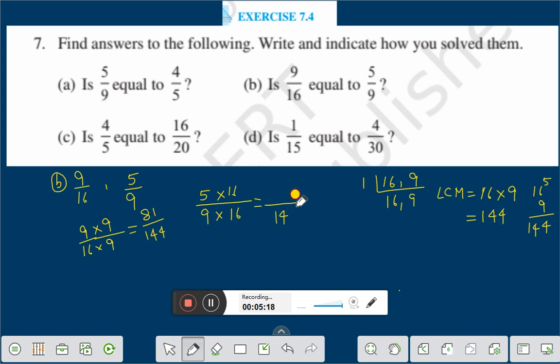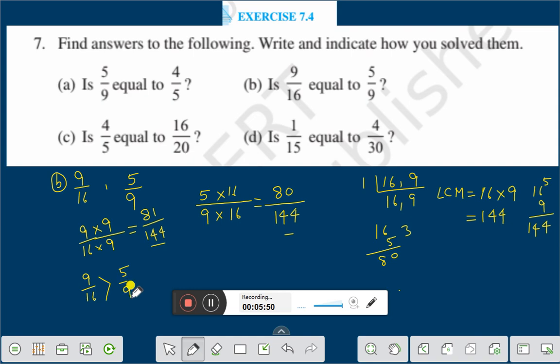Here you see the denominator is the same. 144, and 16 5s are 80. This is 80. Right? That means both the denominators are the same. Therefore 81 by 144 is greater than 80 by 144. Therefore you can say that 9 by 16 is greater than 5 by 9.